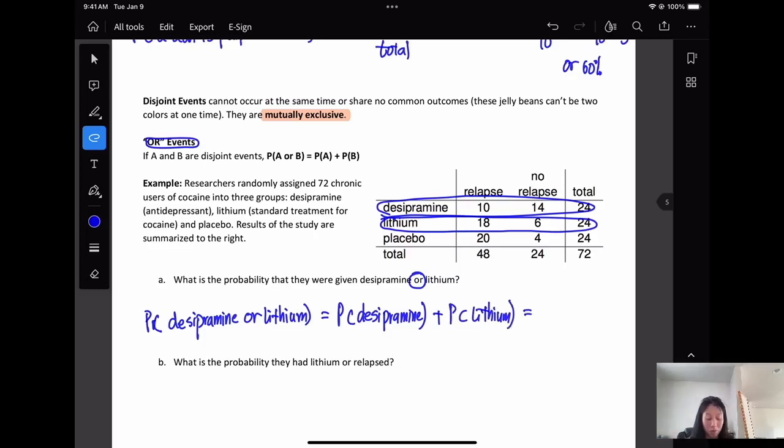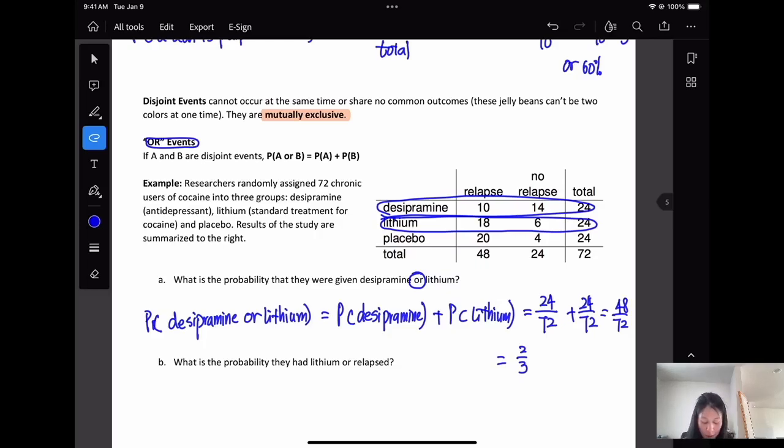The probability of Zipamine is 24 out of the total number of participants, which is 72, plus 24 out of 72, which is 48 out of 72. Then you simplify it, and you get 2/3. So 2/3 of people were given Zipamine or lithium.